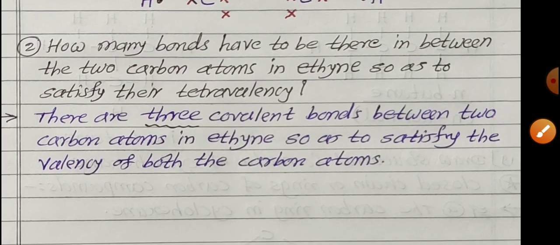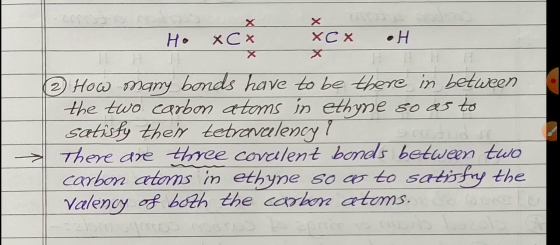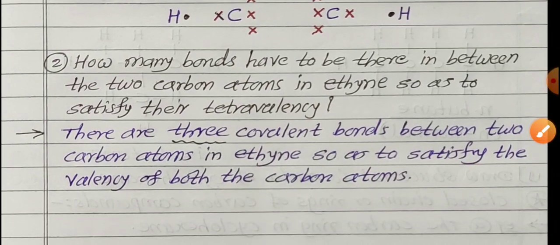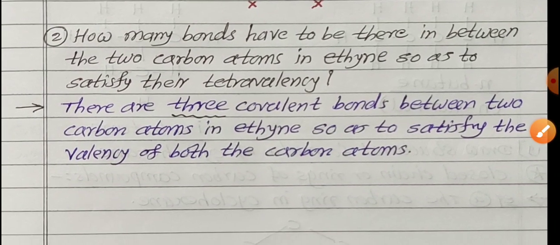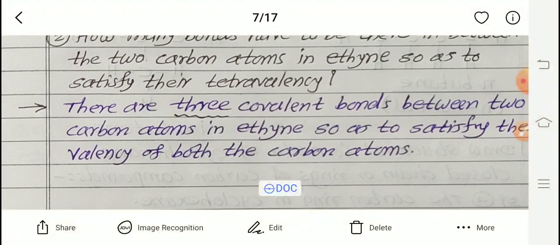Next, how many bonds have to be there between two carbon atoms in ethine? So we confirm how many there are. There are 3 bonds formed. So there are 3 covalent bonds between two carbon atoms in ethine so as to satisfy the valency of both the carbon atoms. Clear, all of you?